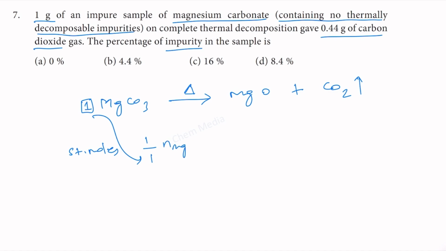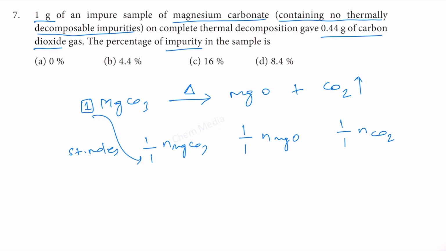Number of moles of MgCO3, here 1 by 1, number of moles of MgO, here 1 by 1, number of moles of CO2. We do not have two reactants here, we have only one reactant, and therefore, whatever is being asked, that we can equate.